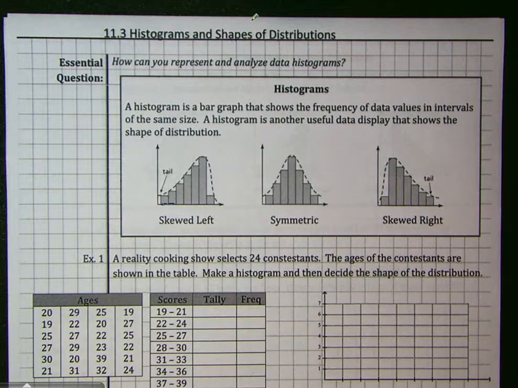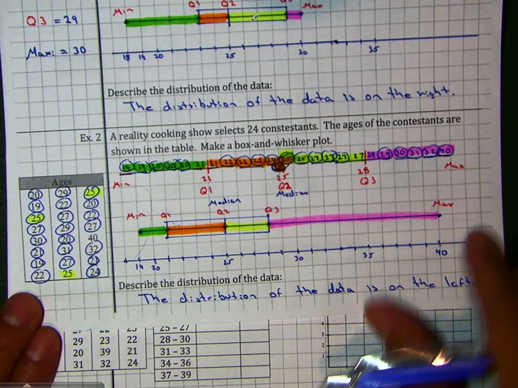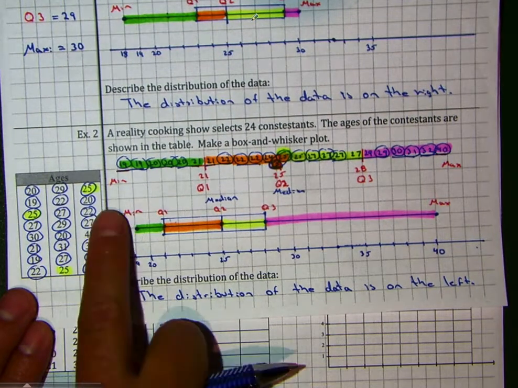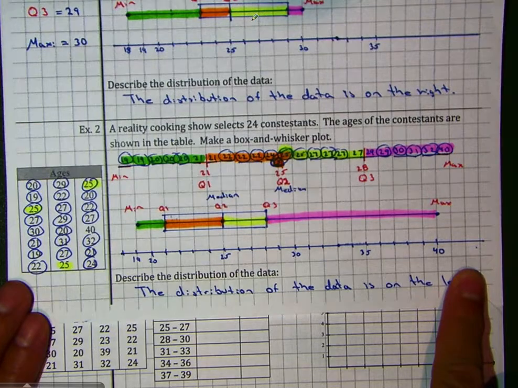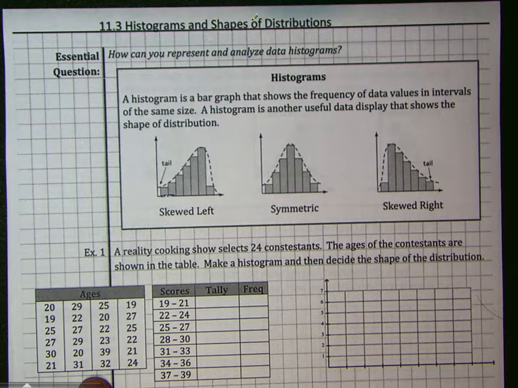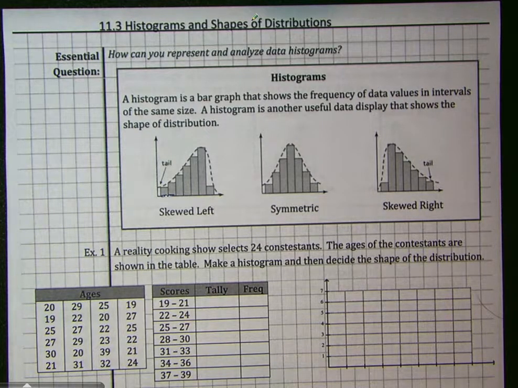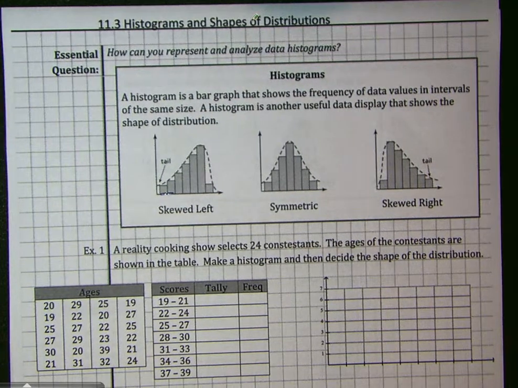In section 11.2, we analyzed the same data using a box and whisker plot. And today we are going to analyze the same data using a histogram. So those are three different ways that we can represent data, and each one is used slightly differently in different concepts in math.